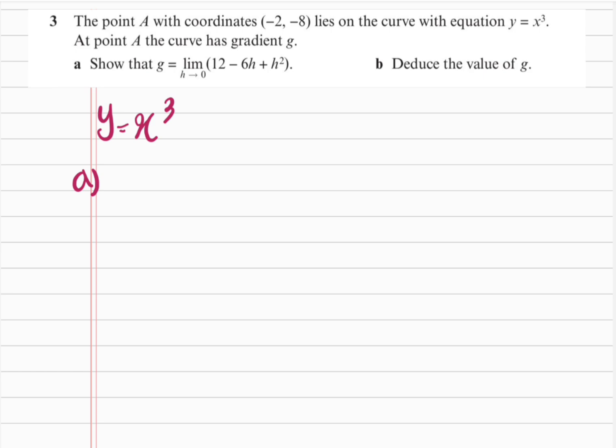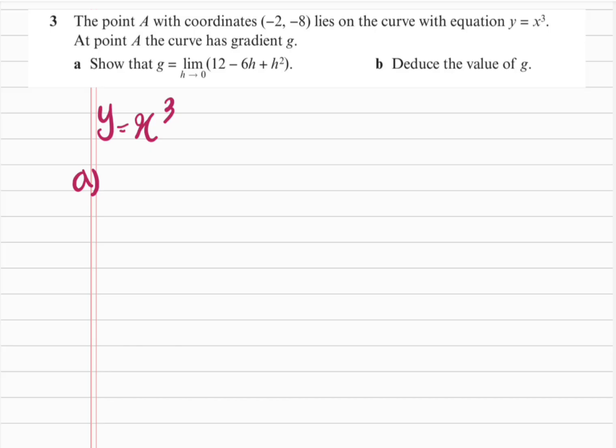Okay, so whenever you have a question which is about gradient and you also see showing some limits, the first thing that you should start thinking of is differentiation from first principles.